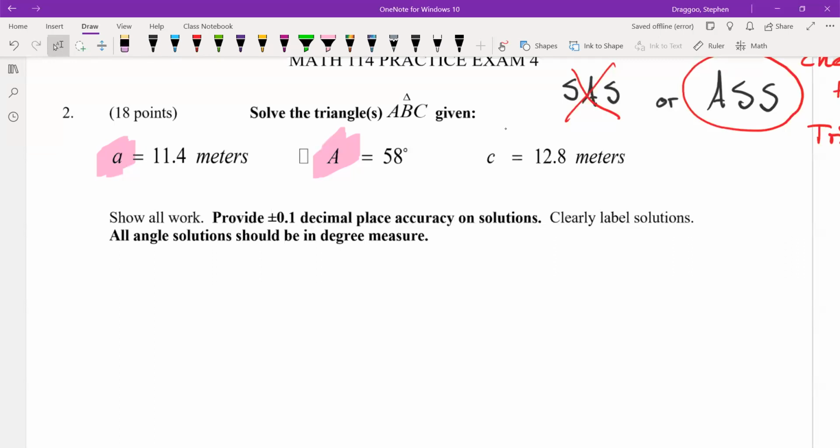So the only thing I can solve for first this time is angle C, because I know side C and I know everything about A. So I'll set this thing up as the sine of C divided by C, which is 12.8, is equal to the sine of 58 degrees divided by 11.4.